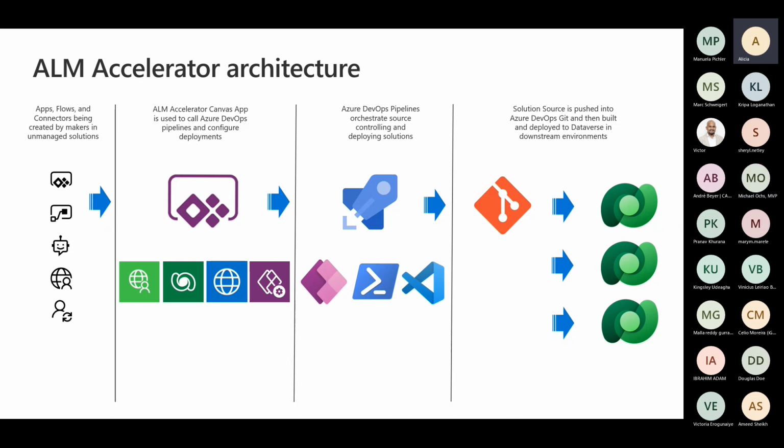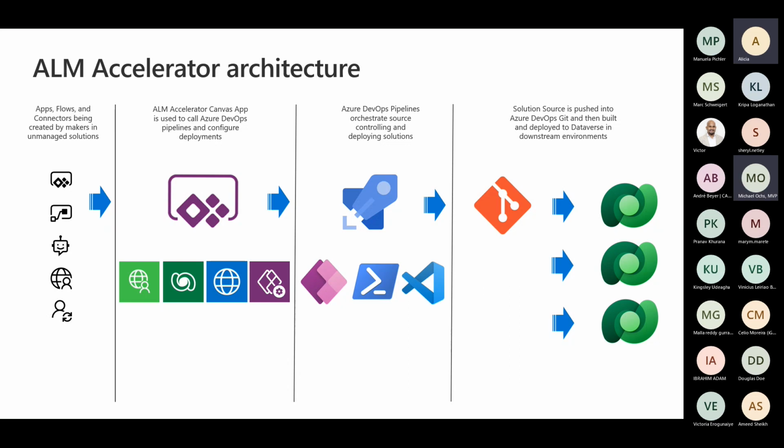So makers are building apps on the left side of the screen. Ultimately, they want to take that app and push it to another environment, but they also want to potentially source control it or take a snapshot of that solution at that point in time, so that they can go back in the history and always see what's changed over time. You don't necessarily have that capability within the Maker Studio.